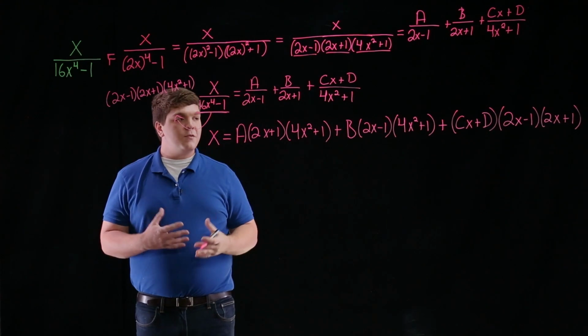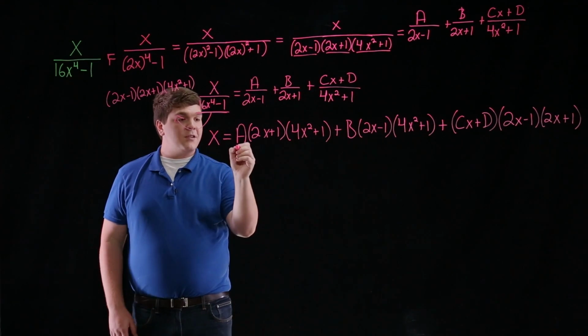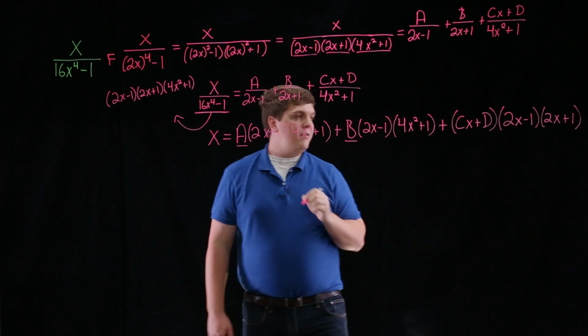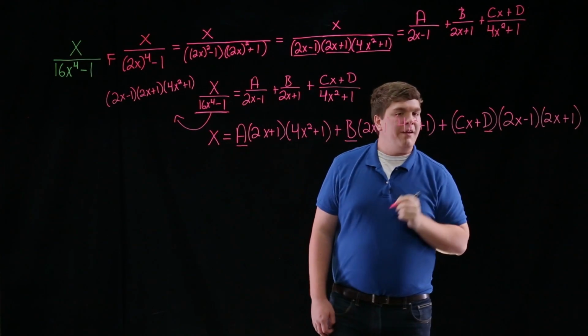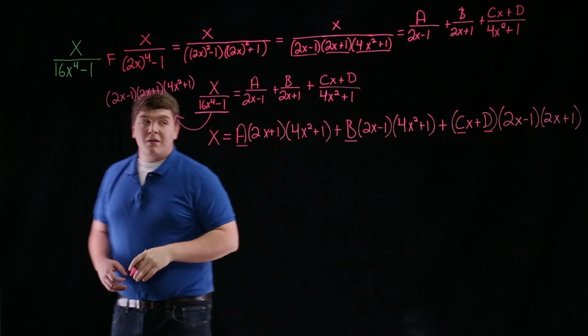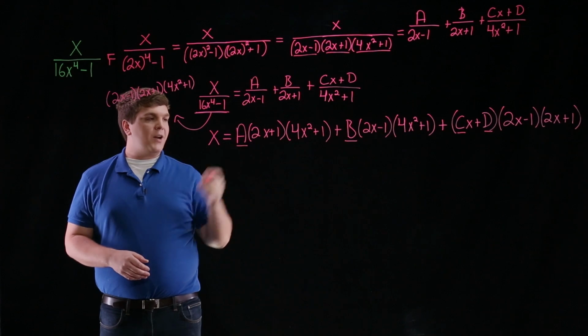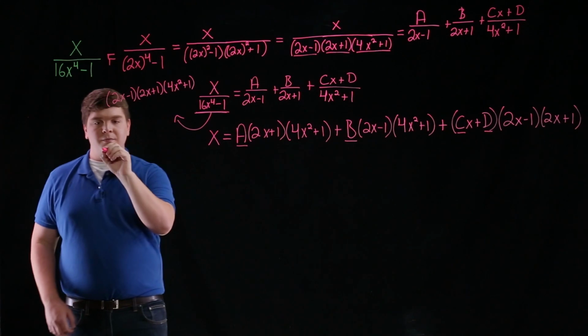Now here, we want to choose convenient values of x that will allow us to solve for a, b, c, and d. So let's begin by letting x equal negative 1/2.